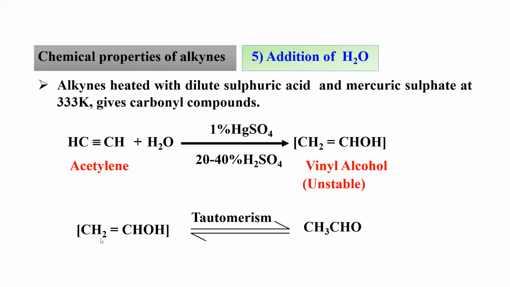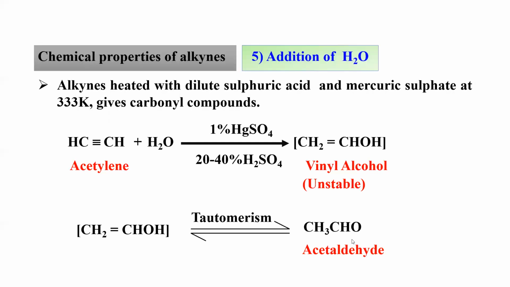Therefore, it becomes CH3, and the second carbon becomes CHO. So CH3CHO is formed. This is an internal shift of atoms to form a compound with a different functional group. Such isomerism is called tautomerism. So tautomerism of vinyl alcohol gives us acetaldehyde.